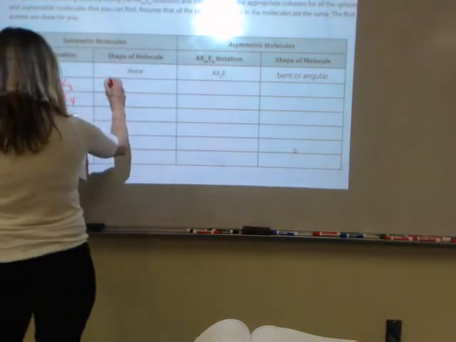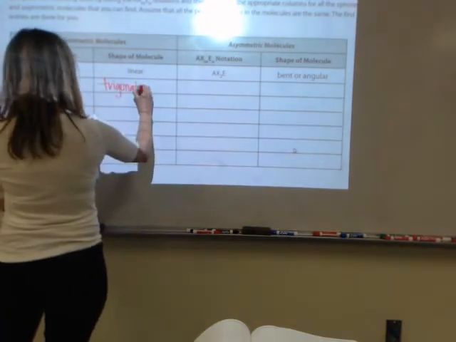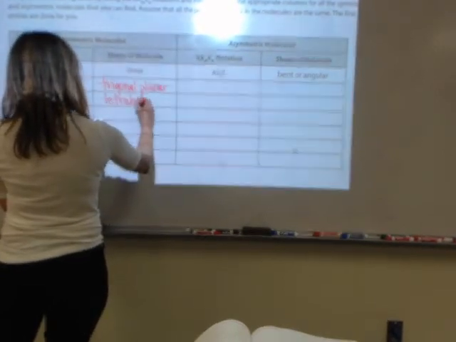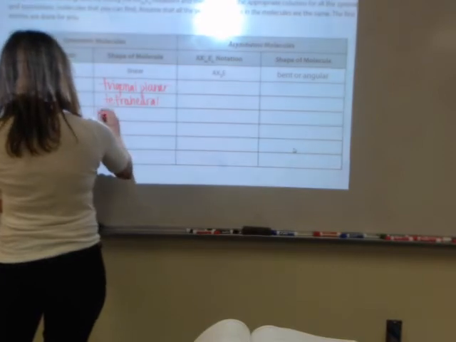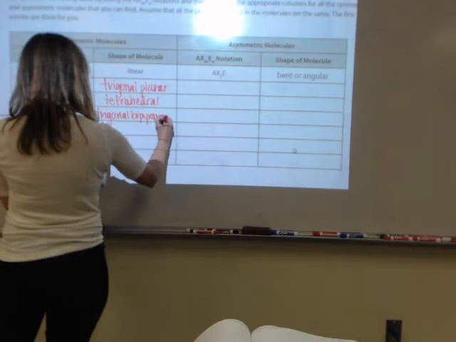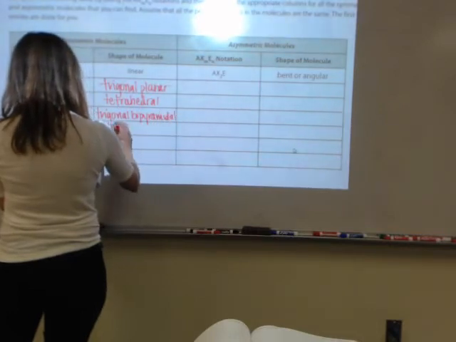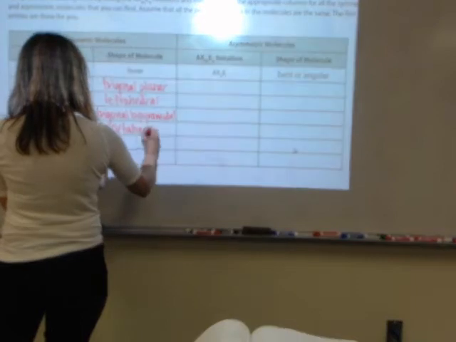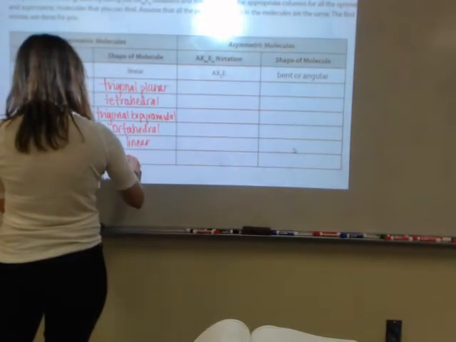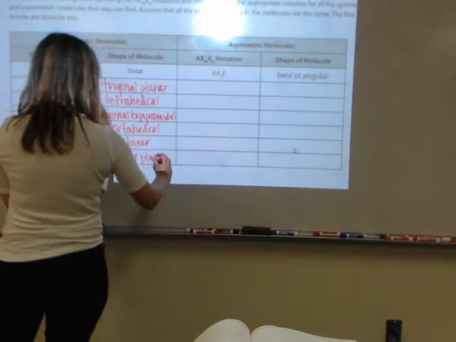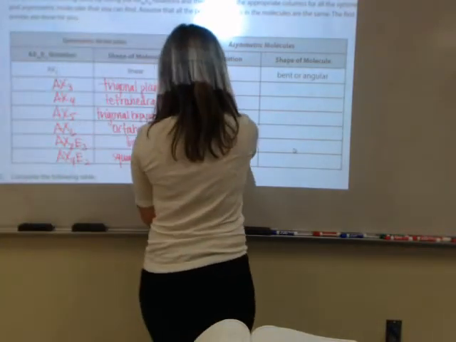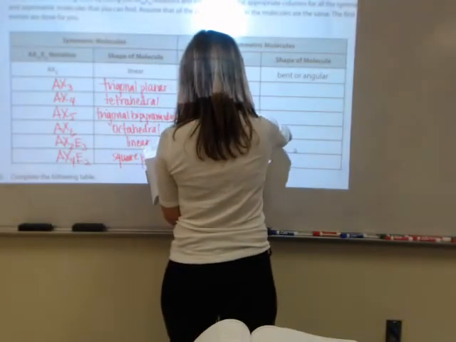The shape of these molecules would be trigonal planar, tetrahedral, trigonal bipyramidal, octahedral, linear, and square planar.